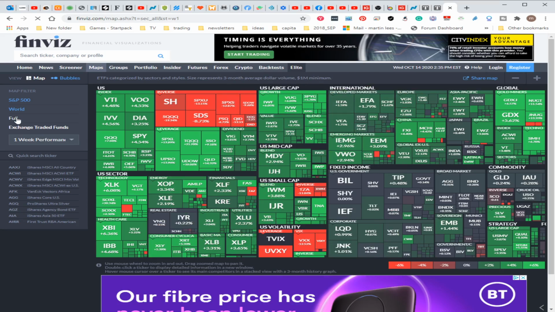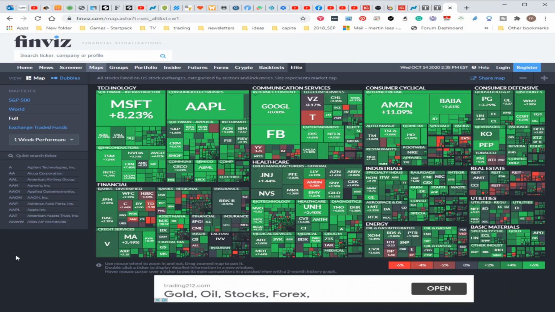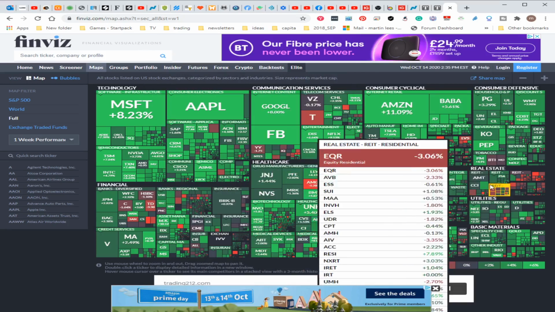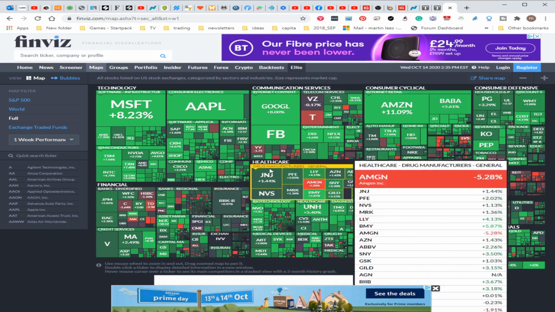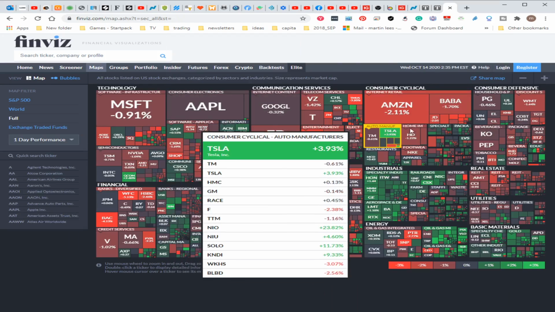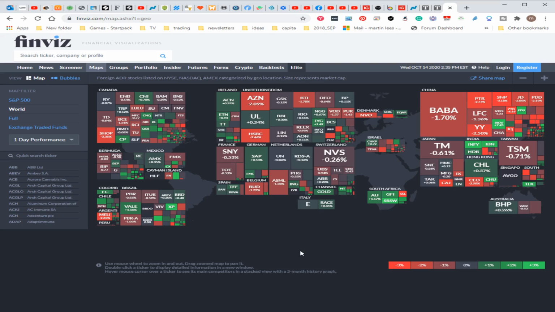So you've got your full index. So this is another snapshot. So you can identify, you can trace, you can go back to 1 day. That gives you an idea. I mean, the world is very interesting.